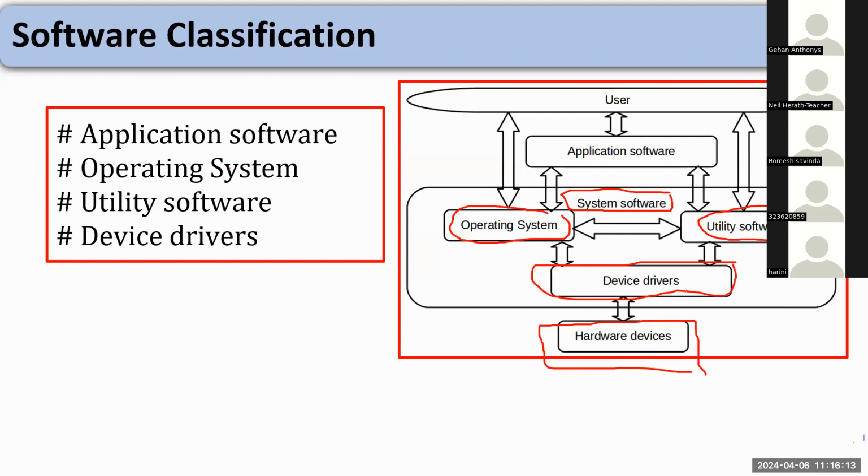The device driver is a software type; it is not a physical component. How can the hardware device communicate with the system software? In order to do that, we are using drivers. We call it drivers. This is how the devices communicate with each other, whatever the requirement of the user or the customer.